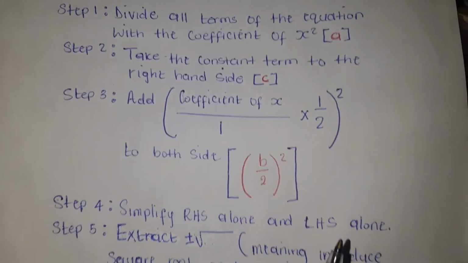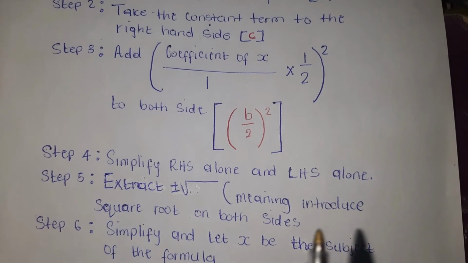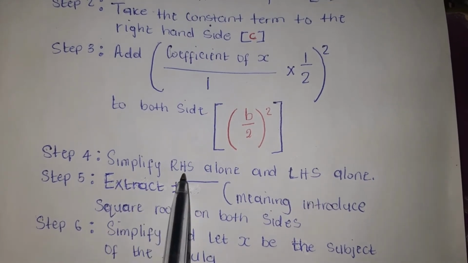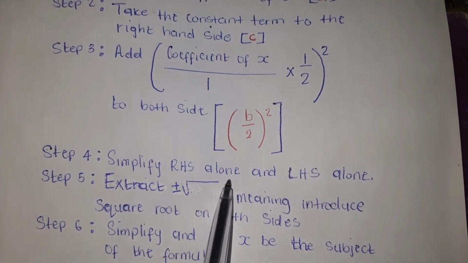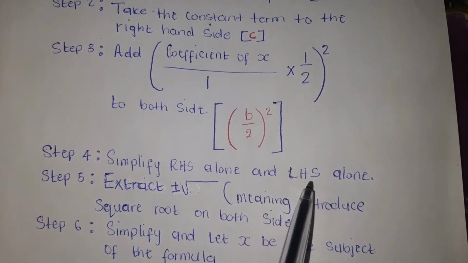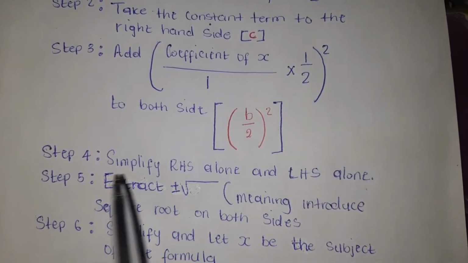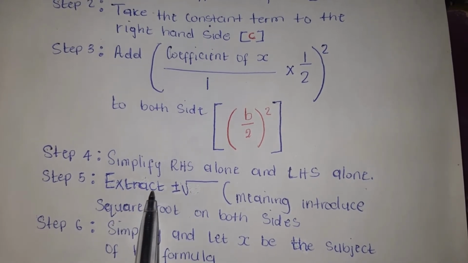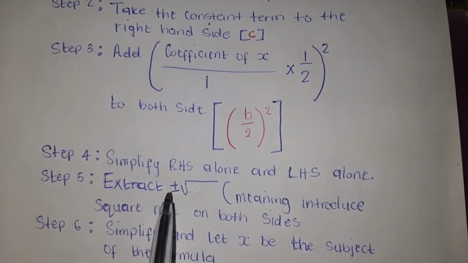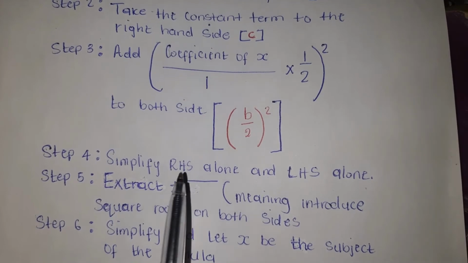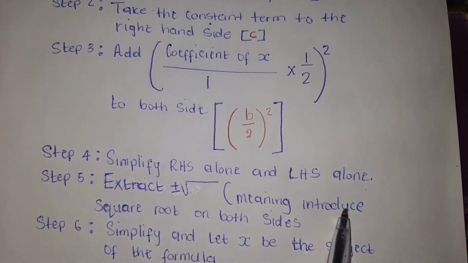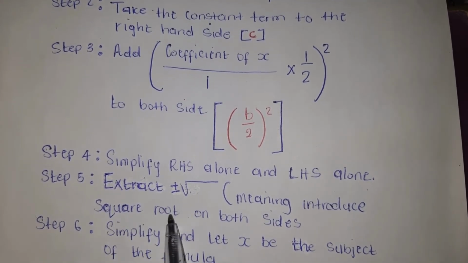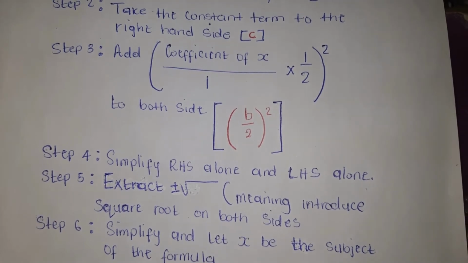Step number 4, simplify the right hand side alone and the left hand side alone. Step number 5, extract plus or minus square root, meaning introduce the square root on both sides.